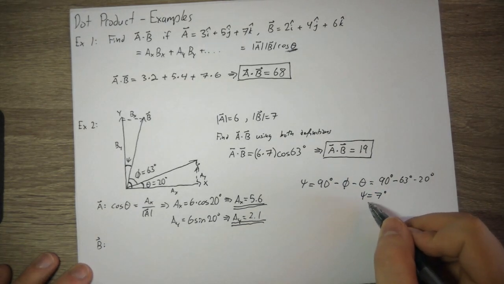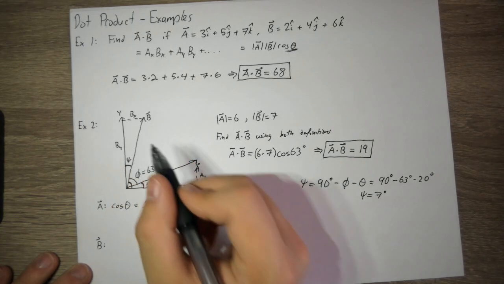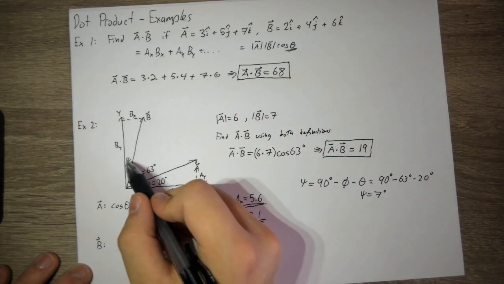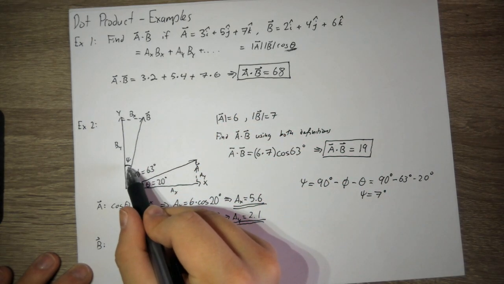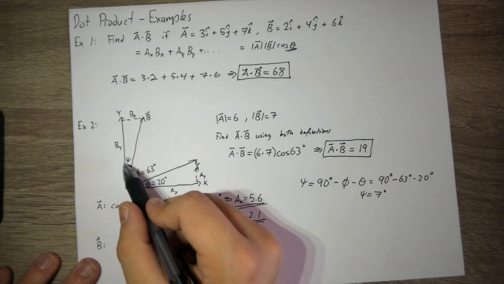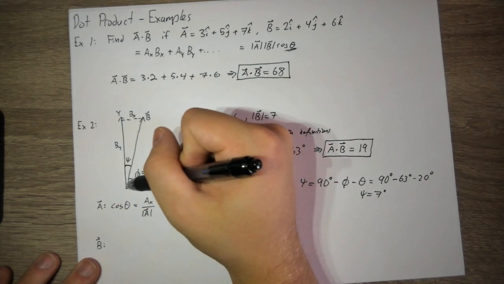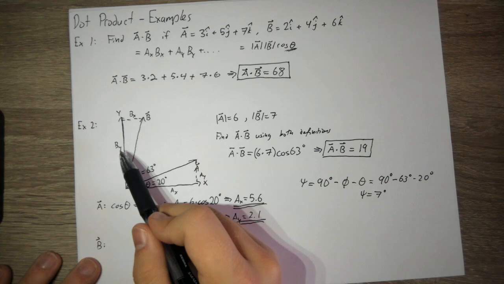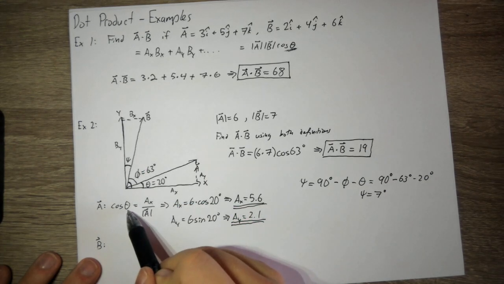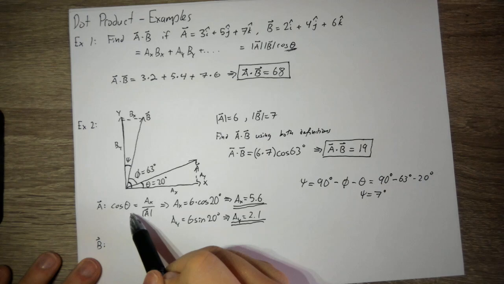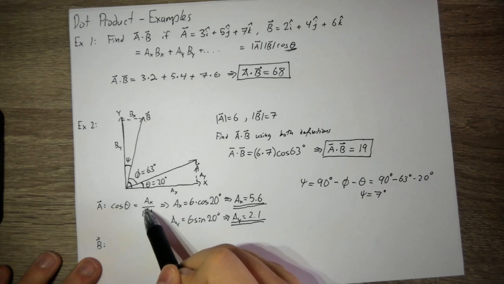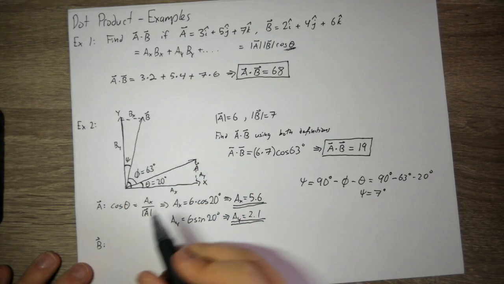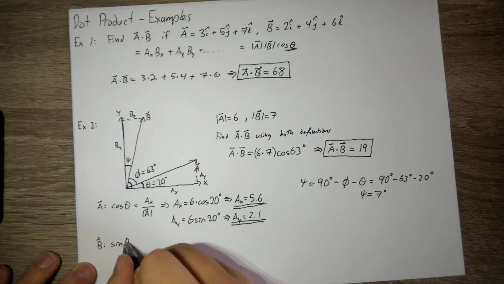The important thing to note here is that with this being 7 degrees, this angle is with respect to the y-axis. So the adjacent side of the triangle is the y component, and we can't use cosine anymore to solve for our x. We would use sine to solve for the x, because the x component is on the opposite side from the angle. So now we have to switch it around.